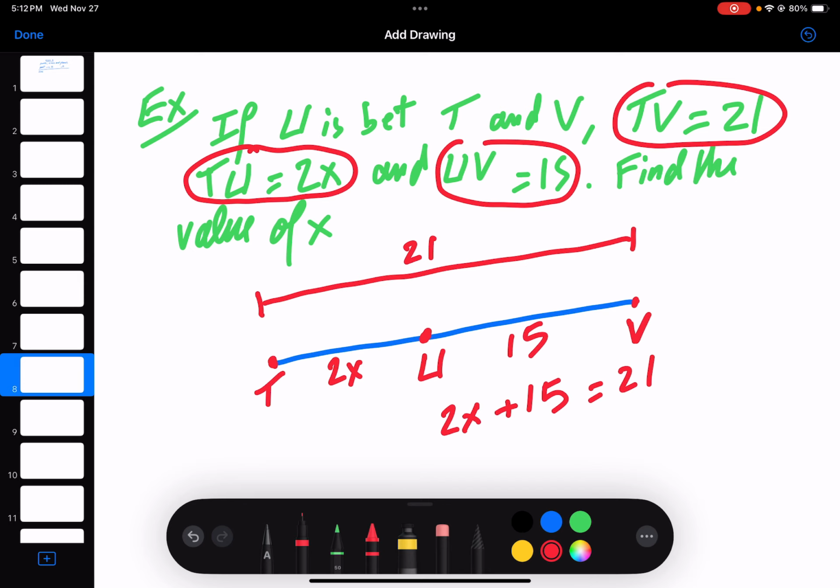So we take out 15 on the left side and we take out 15 on the right side. So we have 2x is equal to 6, right? 21 minus 15 equals 6. And so now we can divide both sides by 2 to solve for x. So we have x is equal to 3. And there goes our answer. Okay? So by writing it, you can figure it out.